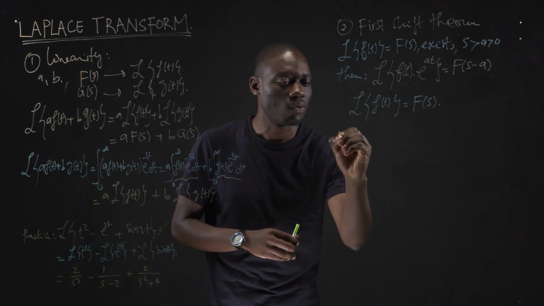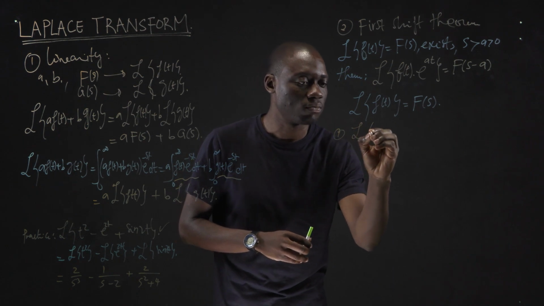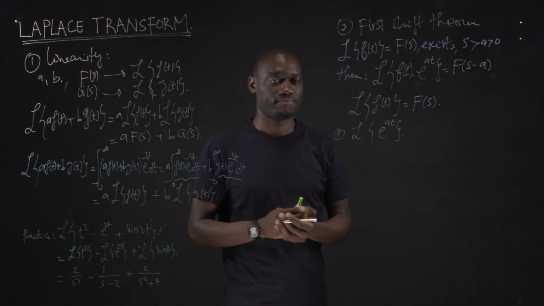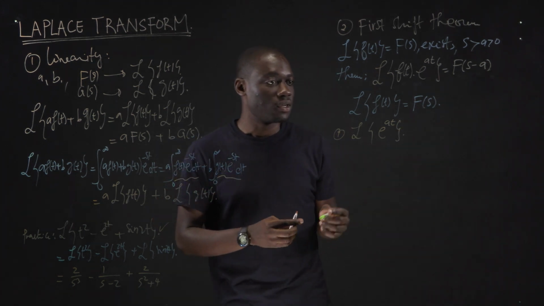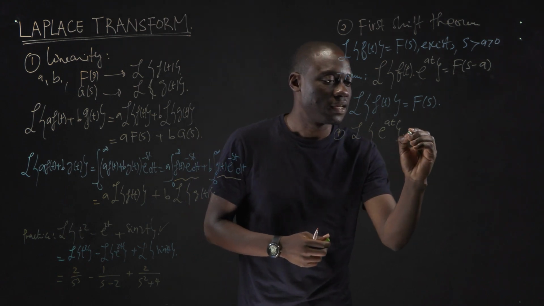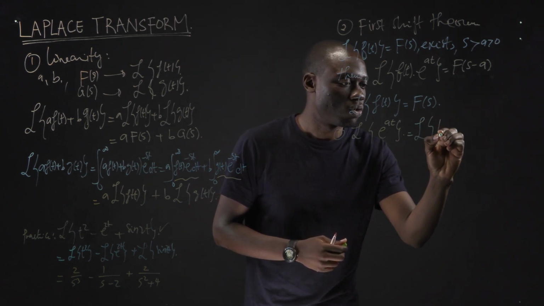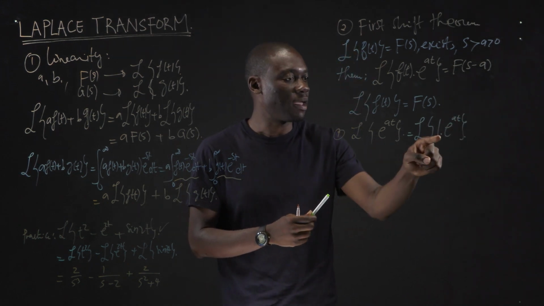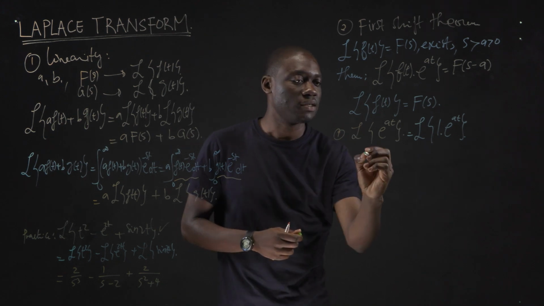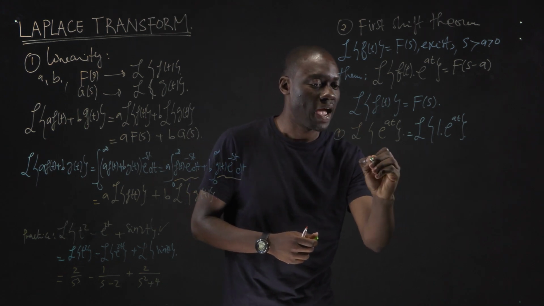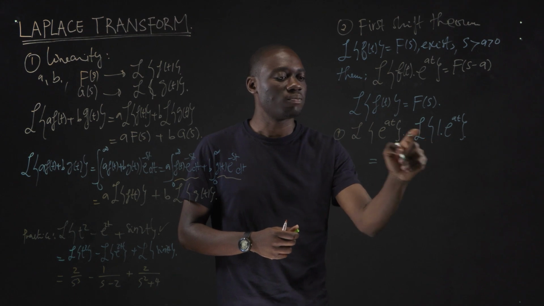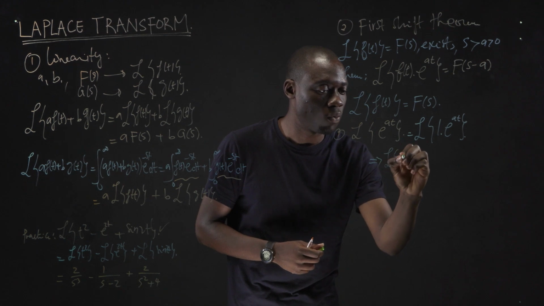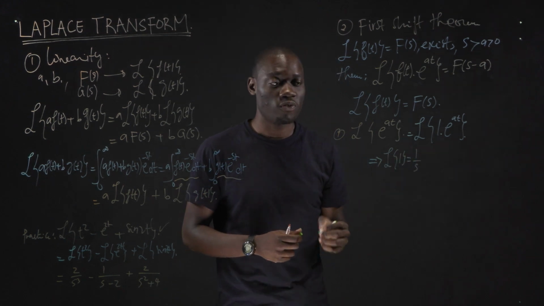It says: 1. Find the Laplace transform of e^(at). That's the first question. Now, when we diagnose this, we realize that this can be written as 1 times e^(at). So my function of time f(t) here is 1, and I know that the Laplace transform of 1 is 1 over s.